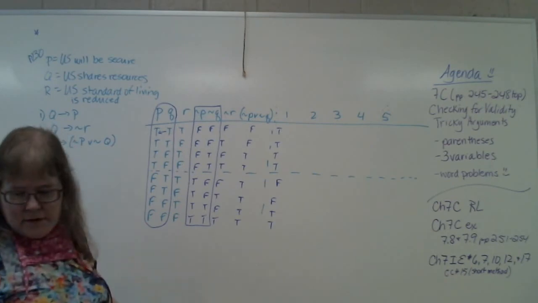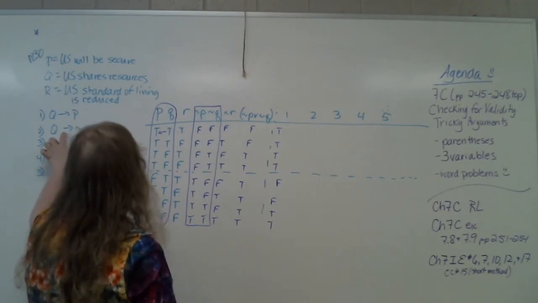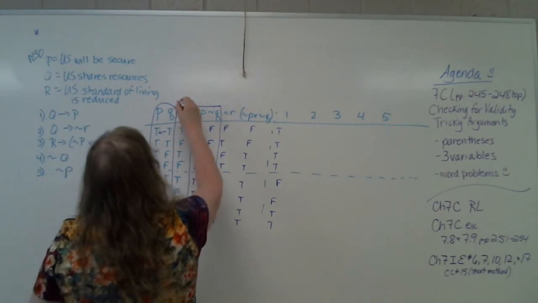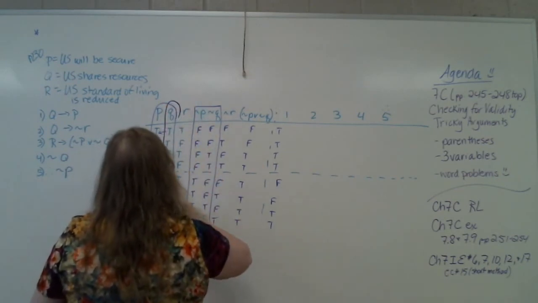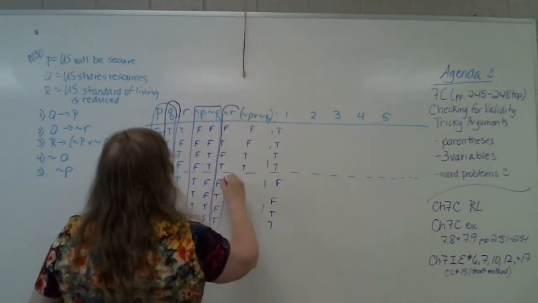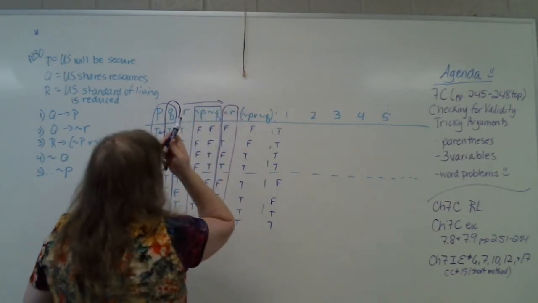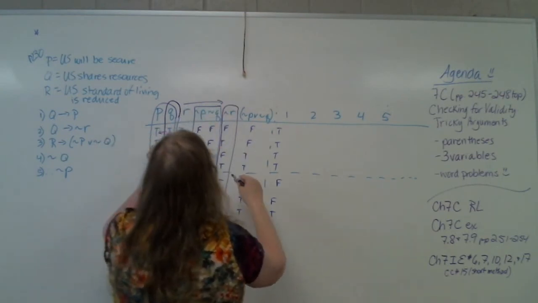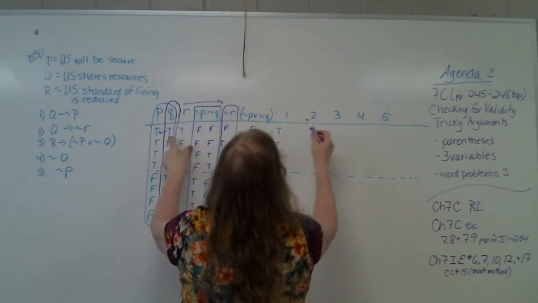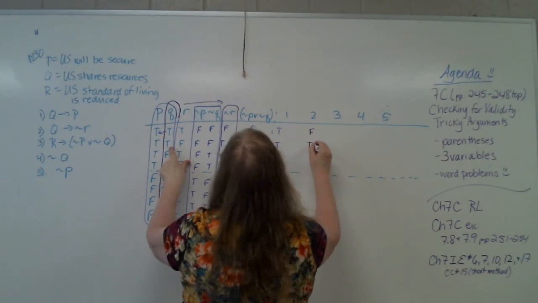Now I have, if Q, then not R. Okay, so this time I'm looking at this column and the not R column. Okay, and I'm going this way. So I can do it even and equal all the way down. Okay, so if true then false is false. If true then true is true.